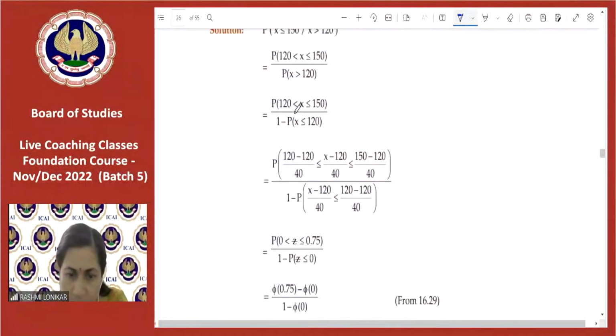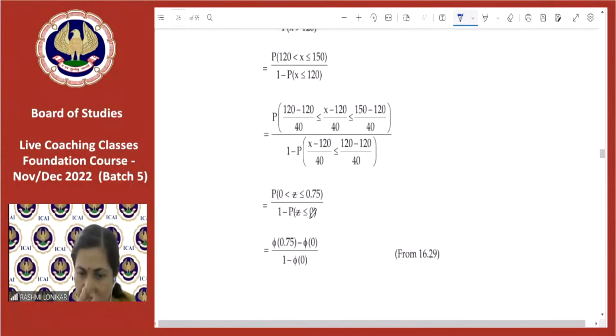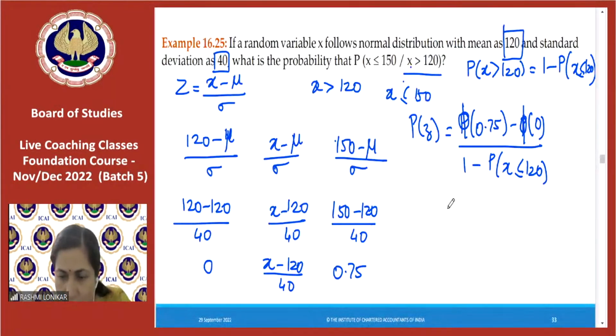Till here, have you understood? So phi of 0.75 minus phi of 0, over 1 minus phi of 0. I'm showing you as per your book also, so that what I'm solving you can see from your study material also. Why phi of 0?